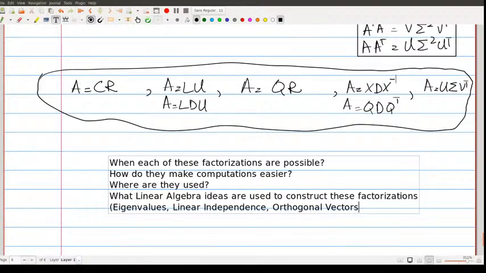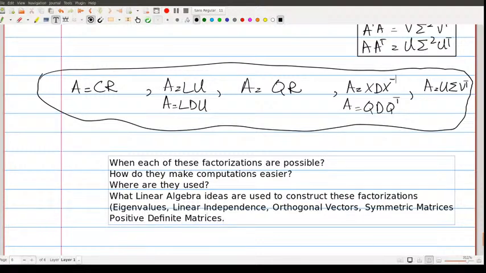Each of these makes our lives easier when we're dealing with large matrices. Actually, let me put a couple of things here as well: symmetric matrices and positive definite matrices. And even ideas like column space and row space. Okay. So that's the end of this course.